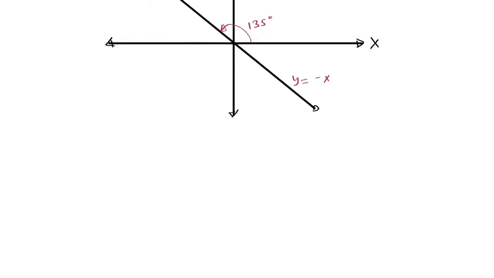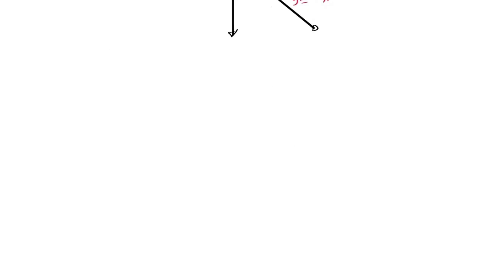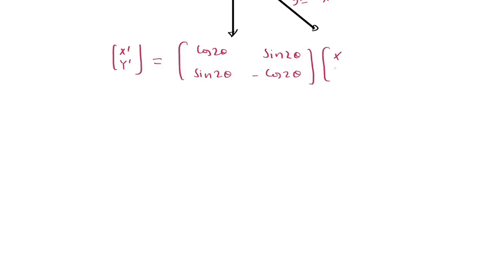Okay, so next we are going to use the relation for reflection, which says [x image; y image] equals matrix [cos 2θ, sin 2θ; sin 2θ, -cos 2θ] times matrix [x; y]. From our question, we have been given the values for x and y from point A to be 4 and 2, and then our θ is 135 degrees.